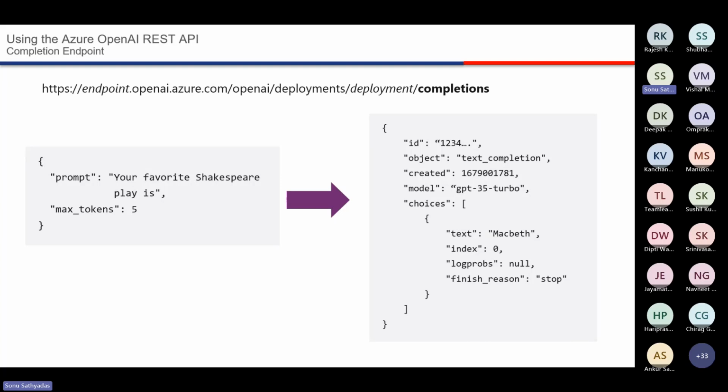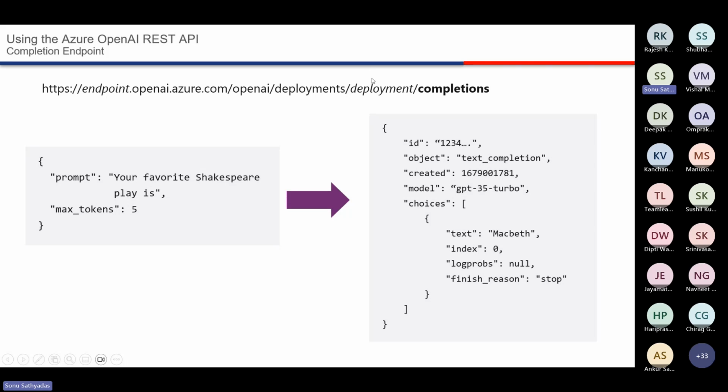If you are planning to use the completions endpoint, then you can use this URL. That means you can specify the endpoint of your OpenAI instance slash OpenAI slash deployments slash name of the deployment.